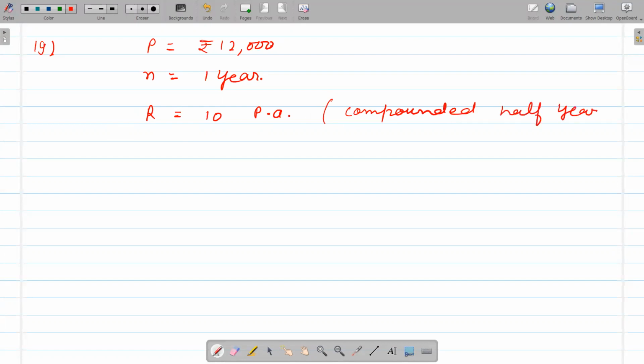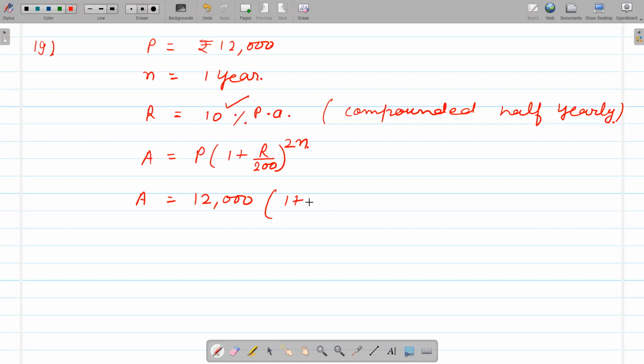Whenever this is written, which formula do we have to use? We use the formula A = P into (1 + R/200) raised to power 2n. The amount will be 12,000 into (1 + 10/200) raised to power 2 into 1.